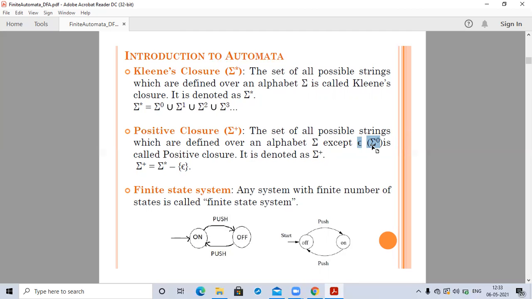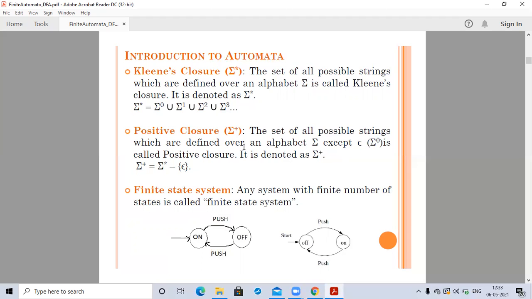So except sigma power 0, or except epsilon, whatever strings we have which are defined over an alphabet sigma, that we treat as our positive closure. So sigma power plus is equal to Kleene closure minus epsilon.